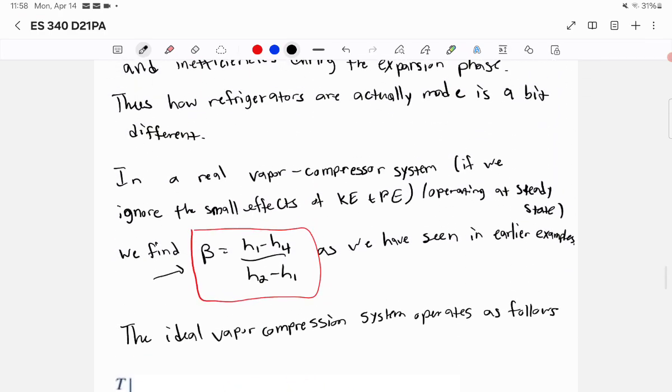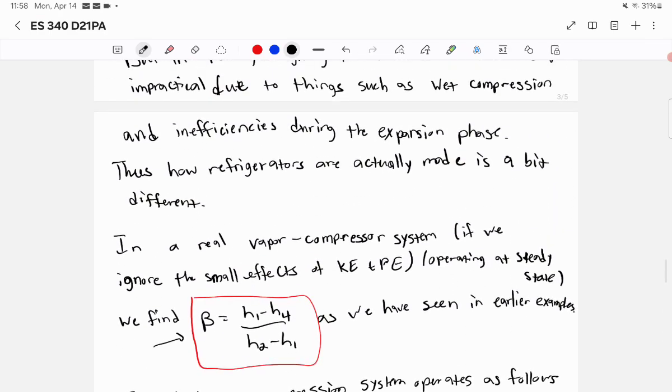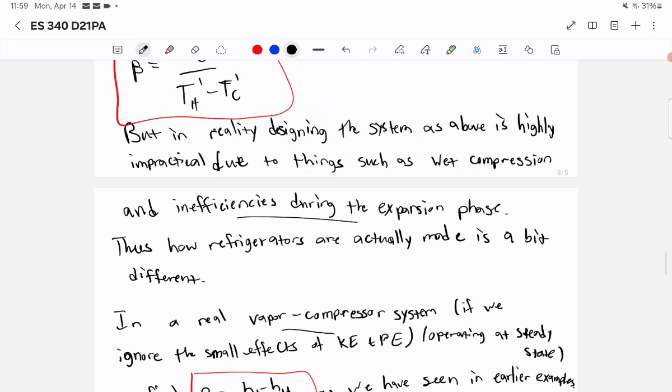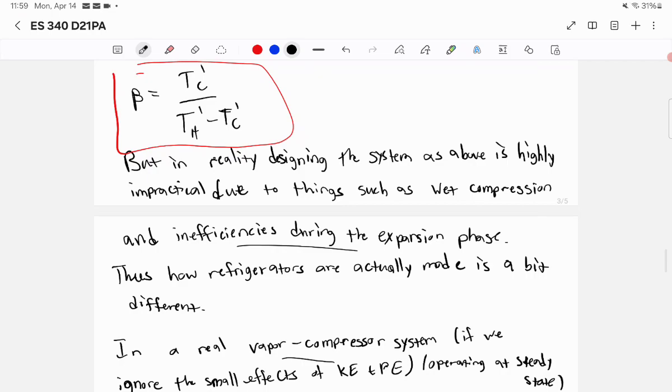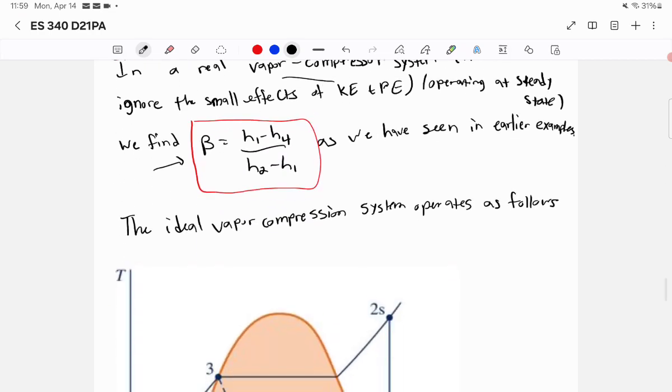Now, as I mentioned, there are a bunch of inefficiencies that are developed by trying to exactly copy the Carnot cycle, but the vapor compression system allows us to follow a slightly different path without the trade-offs that would go with a Carnot cycle, for issues that happen within the system.